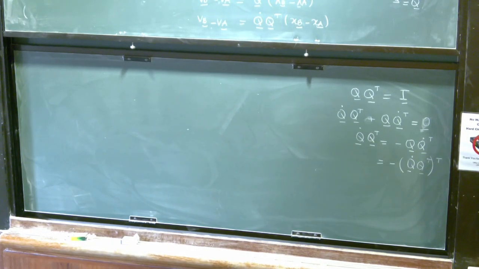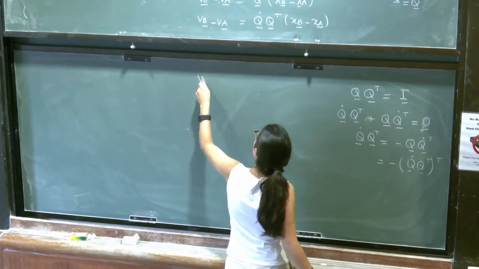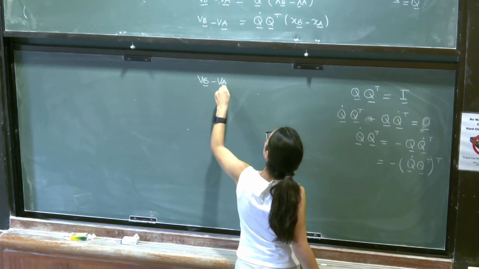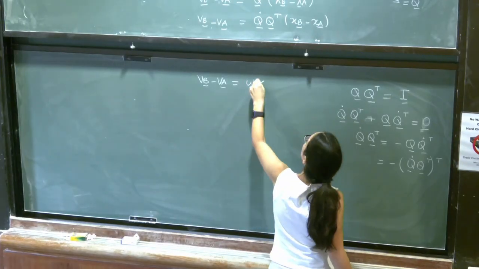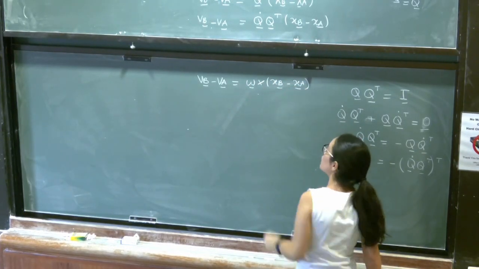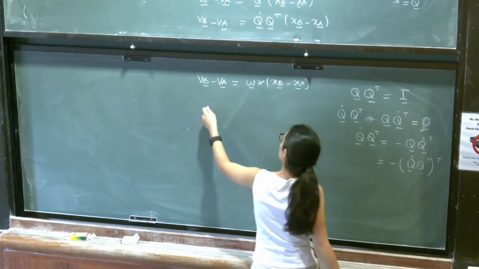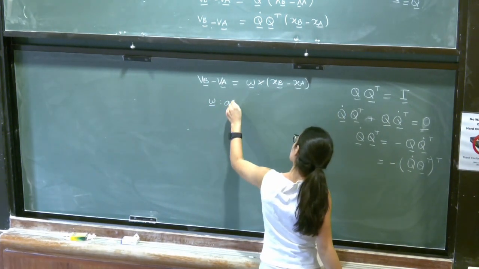So then there's an equivalence between multiplication by a skew-symmetric tensor or skew-symmetric matrix and a vector cross product. So we can define an equivalent vector so that these two operations are the same. Omega here is called the angular velocity vector.